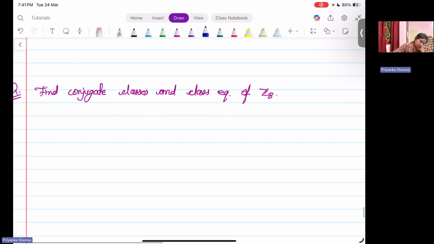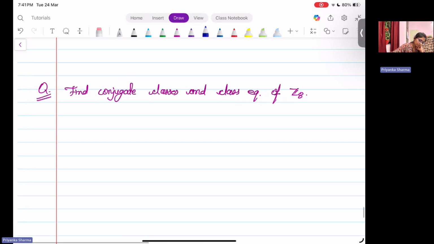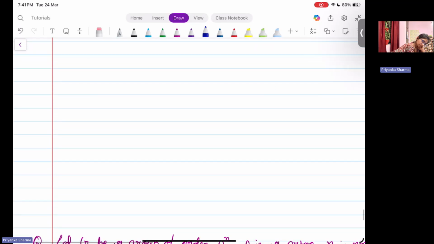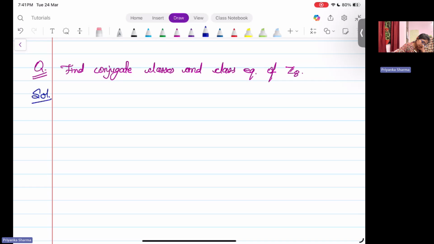Now, the next question is to find conjugate classes and class equation for this. So this is a simpler question. Here we have G as Z8, and since Z8 is abelian, the center of Z8 will be Z8 itself.